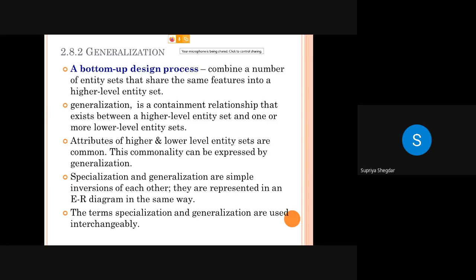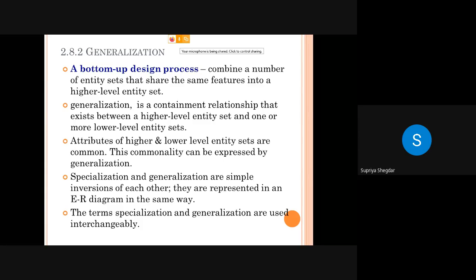Means in the generalization, we are moving from bottom to top. Okay, means we are first considering the lower level entity sets, and then by combining these lower level entity sets, we are reaching the higher level entity set.